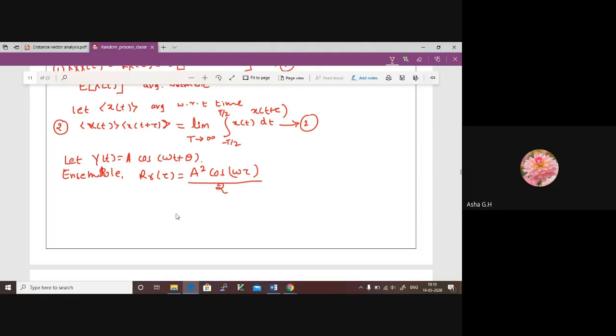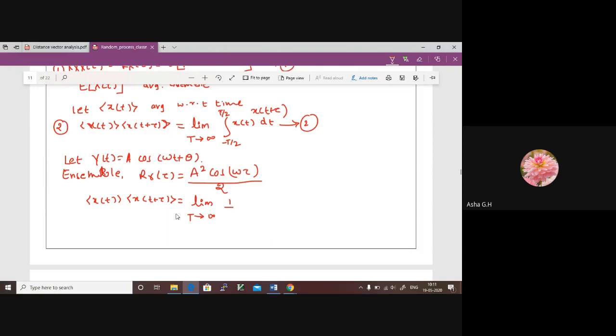Now can you try to find the autocorrelation function for the time average? This is equal to the limit as T tends to infinity of 1 upon T, integrated from minus pi to plus pi. Here again theta is uniformly distributed over plus or minus pi.